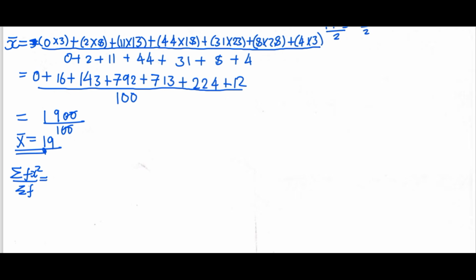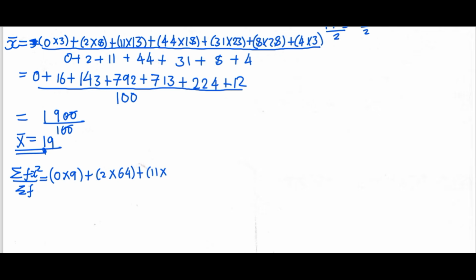Now I want you to see the only difference here is similar to mean, but in the mean the x is not squared. So this time we are just going to square the midpoint. So beginning, 0 times 3 squared is 9.